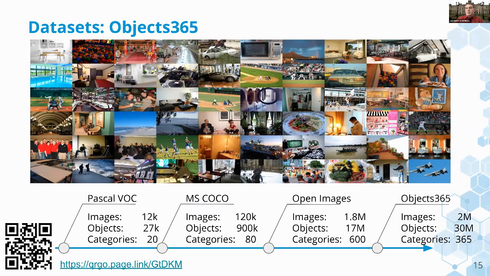The only drawback of this dataset is the license. It is released under an academic-purpose-only license, which limits usage of the data from the Objects365 dataset for creating commercial and non-commercial applications.